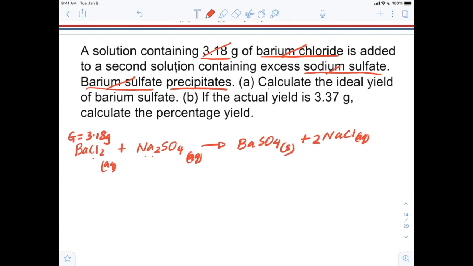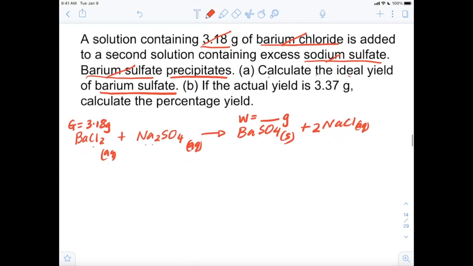It says here, calculate the ideal yield of barium sulfate. They want to know how much barium sulfate is made. So this is the wanted, and it will also be in grams of barium sulfate, okay? So knowing this is desired, I have my 2 formulas of interest. One is barium chloride, my given. My wanted is barium sulfate.